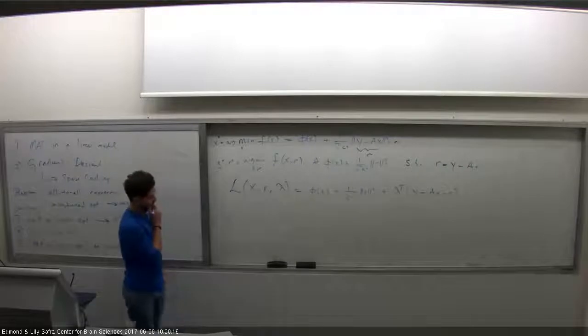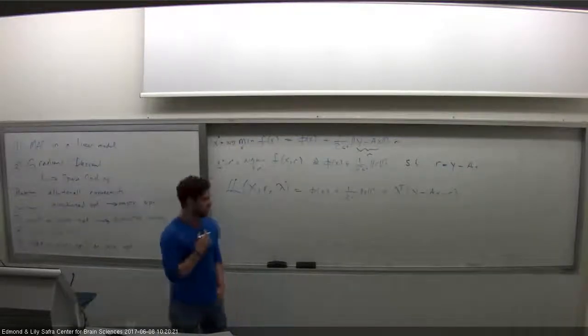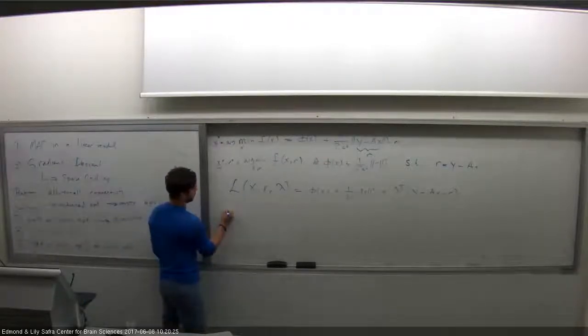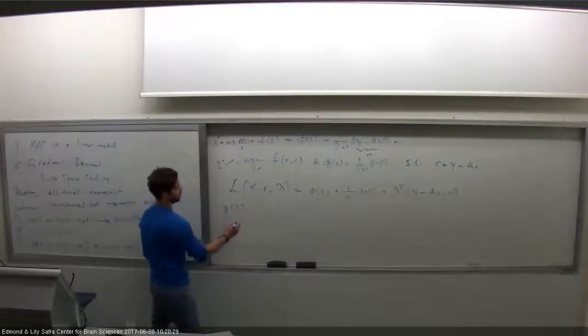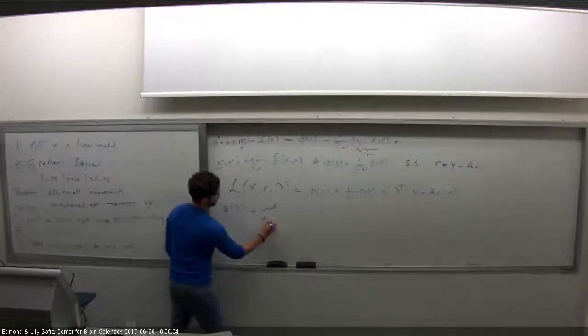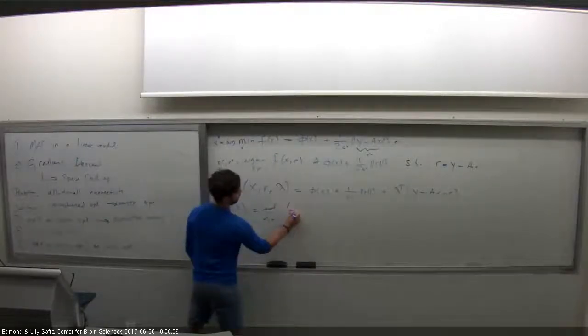Now the method we're going to apply to solve this is called dual ascent in the optimization literature, and it's very simple. It's based on maximizing a particular function, what's called the dual function, which is defined as the infimum over x and r.